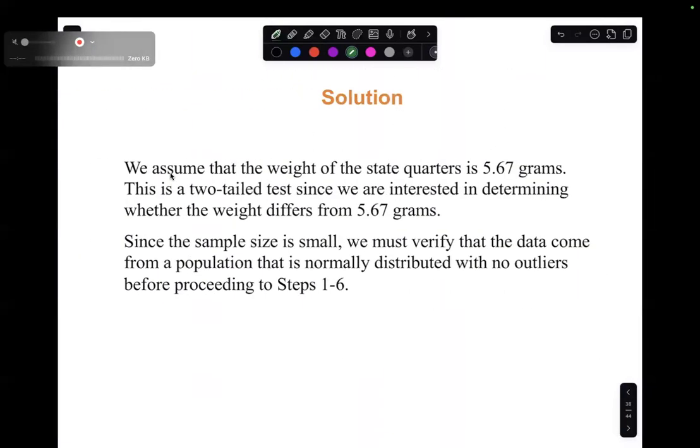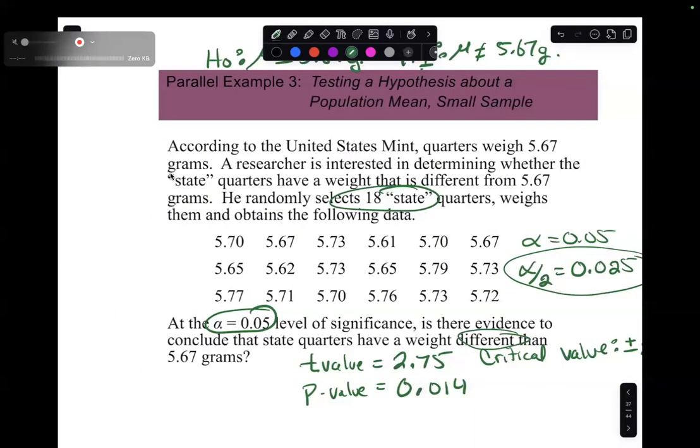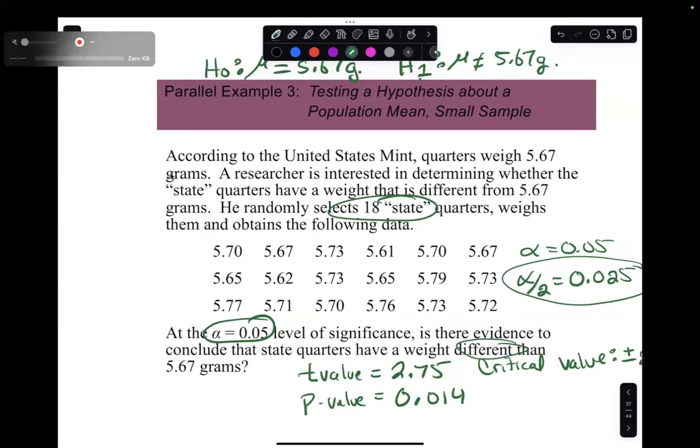Personally, I would look at this and say there doesn't appear to be any outliers, therefore I can use a sample size of 18. But you can even just state that the sample size is less than 30. I'm going to accept it if it doesn't specifically tell you it's normal.